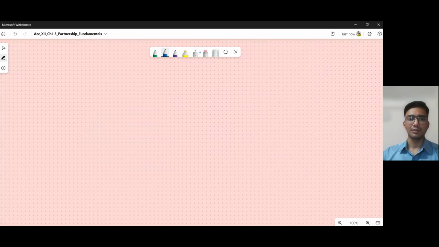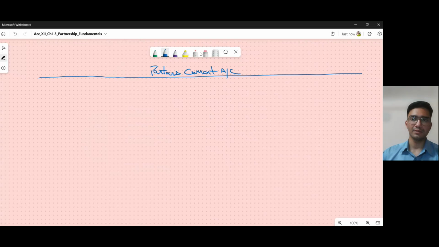The next is called the partners' current account. So let's put the heading. Again, let's make that format, the account format, the ledger format, a debit and a credit.